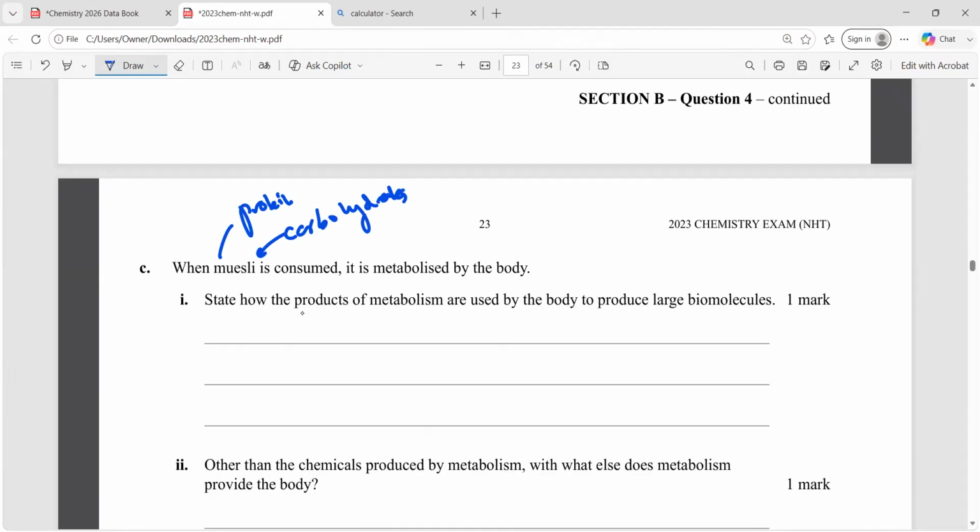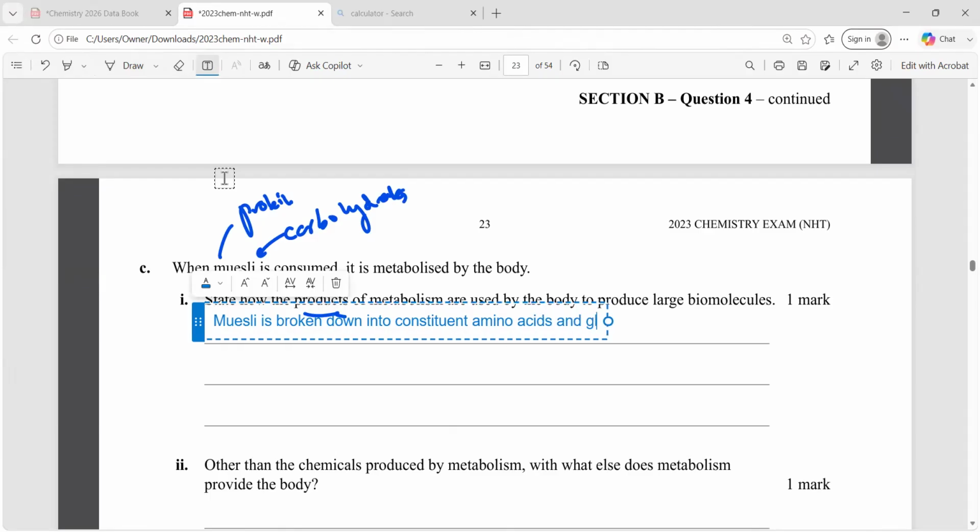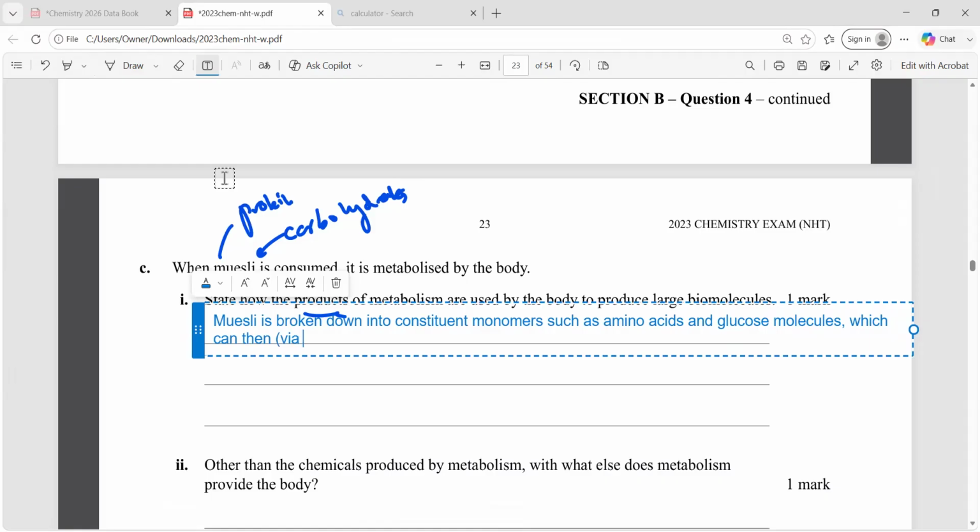All we can say is that muesli is broken down into constituent monomers such as amino acids and glucose molecules, which can then via condensation form proteins and glycogen storage molecules.